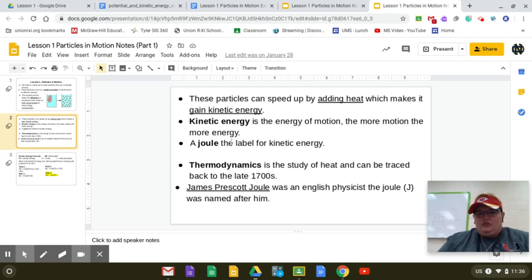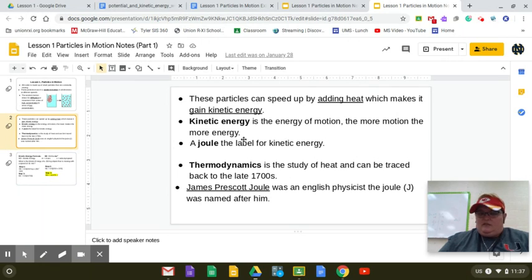How that is measured is in what's called a joule. A joule is the label for kinetic energy. So if something has kinetic energy that equals 34, for example, it would be 34 joules. That's how much energy it has. Just like when you weigh something, it's in grams, when you're measuring kinetic energy, it's in joules.